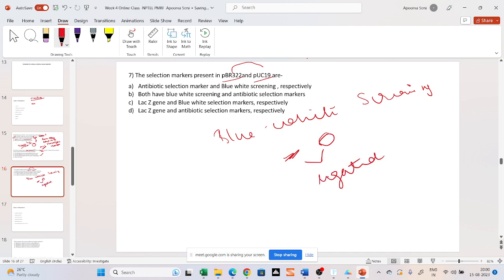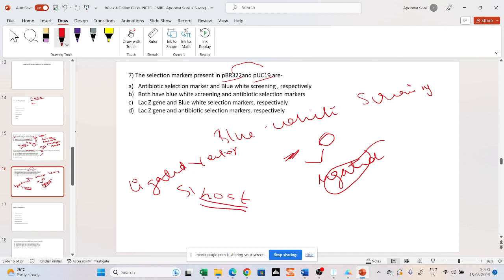Now you introduce this ligated vector into a host. Suppose my host is, let's say, a bacteria.